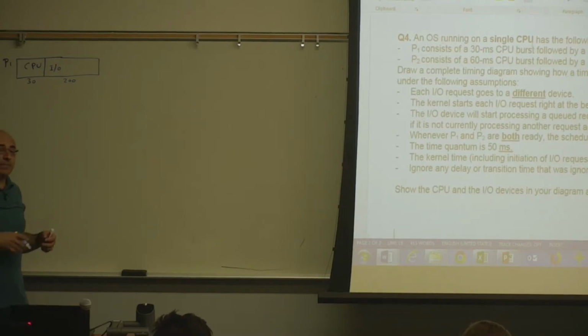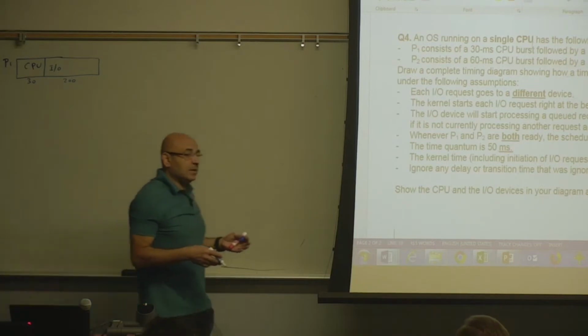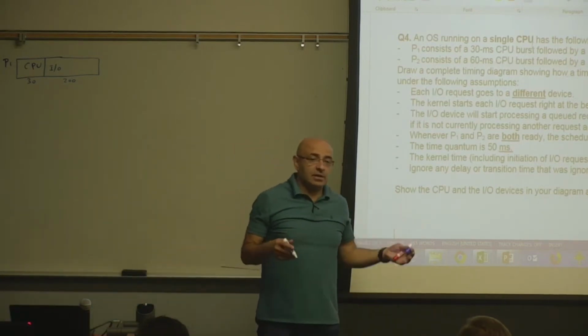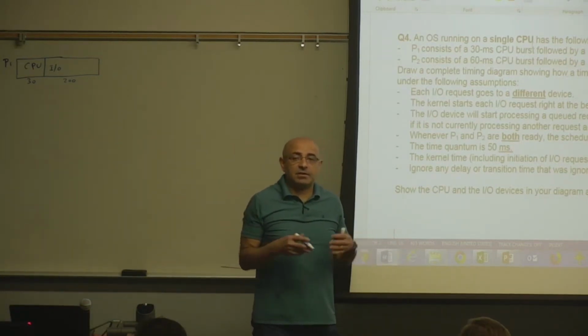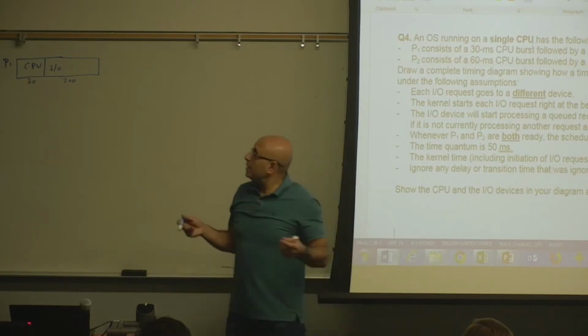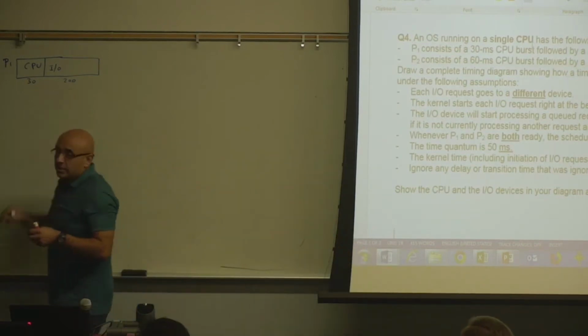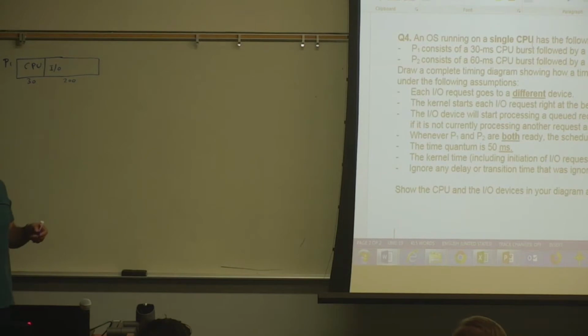The device will not necessarily be ready for this request because it may have other processes in the queue. So what this 200 means is that once the I/O device starts servicing this request, it's going to take 200 milliseconds.